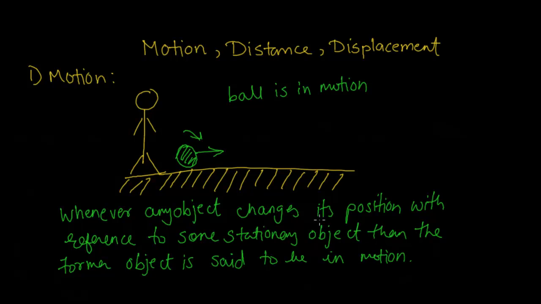So whenever any object changes its position with reference to some stationary object, then the first object we were talking about is said to be in motion.